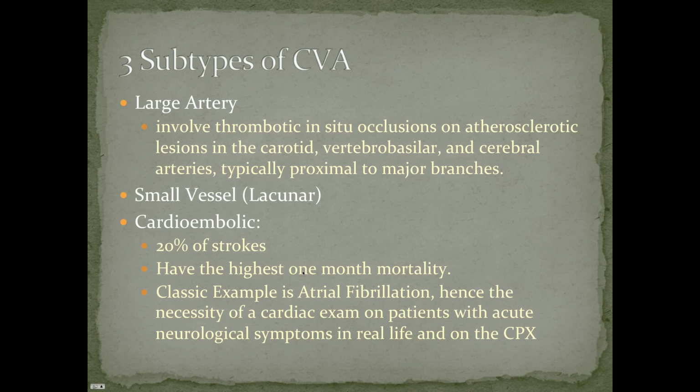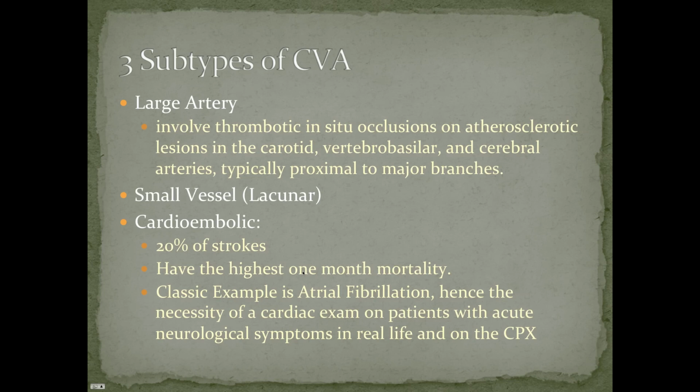The large artery strokes are the common presentations that we'll cover later on, such as the middle cerebral artery, where an obstruction from arteriosclerosis or a plaque rupture will fill up and occlude and lead to ischemia and infarction. Very important below there, cardioembolic. That's about 20% of your strokes. And the most common cause of cardioembolic strokes is atrial fibrillation.